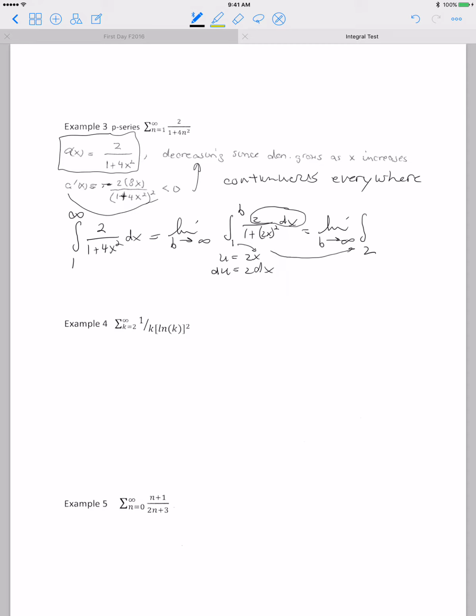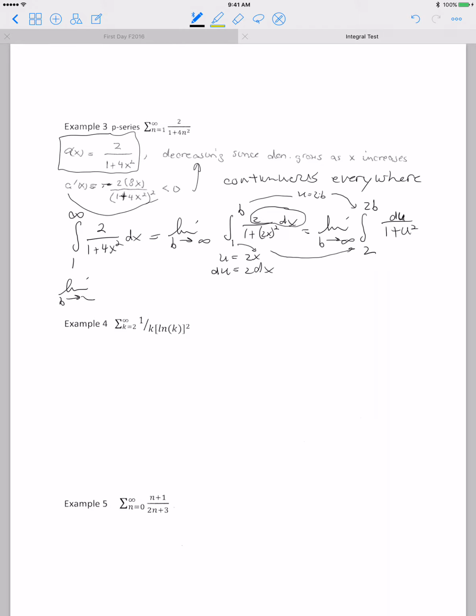If I run the upper limit through that transformation, I get u is equal to 2 times b, so u is 2b. And then I have du over 1 plus u squared. Okay, so now I have it set up. I can go ahead and resolve the convergence or divergence of this improper integral.